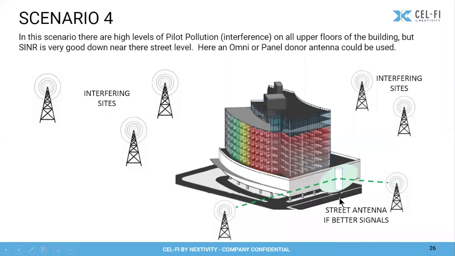You could choose either a panel or the omnidirectional antenna down here, because maybe you've got it at an intersection and it can look down all four directions down the streets and it's picking up pretty good signals. That's fine to do if your signal to noise ratios are adequate on all the channels that you're bringing into the building.